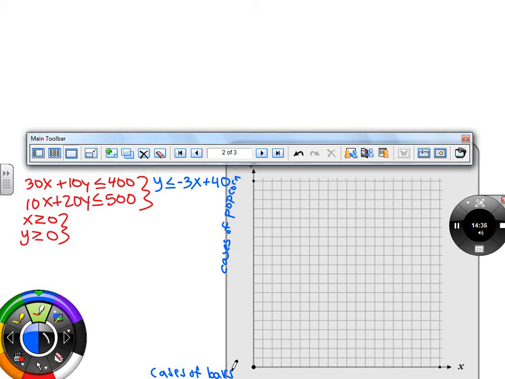Okay, so then if we number by twos, we have 2, 4, 6, 8, 10, 12, 14, 16, 18, 20, 22, 24, 26, 28, 30, 32, 34, 36, 38, 40. That fits pretty well. So I'm going to put my y-intercept there at 40, and then I'm going to use my slope of negative 3. Now, I also need to have my x-axis labeled. What do you guys want to label the x-axis by?